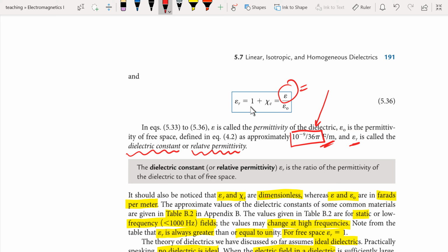Because you can see there is a 1 here, epsilon r will always be bigger than or equal to 1. And for free space, the susceptibility of free space is 0, and therefore the epsilon r of free space is equal to 1.